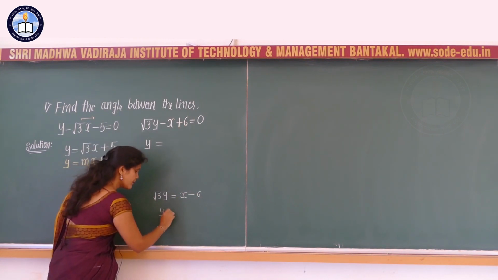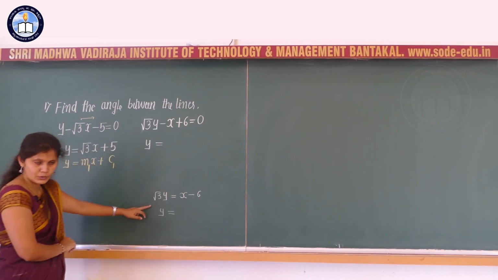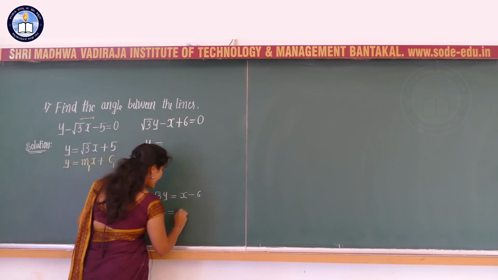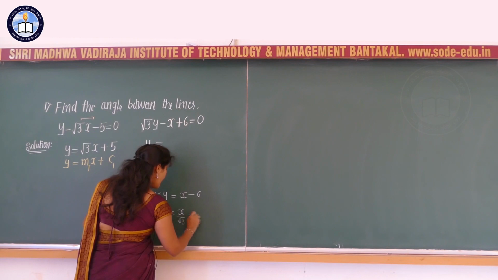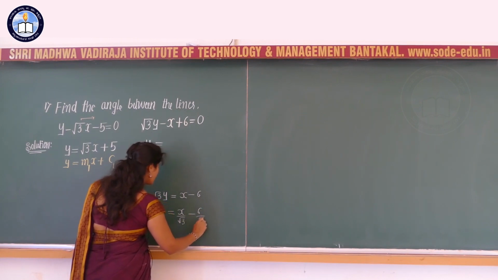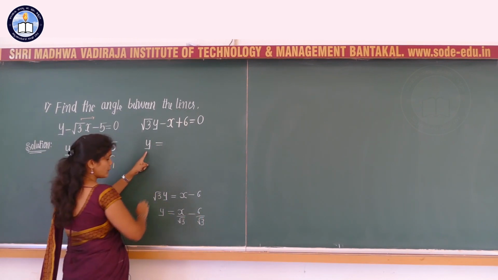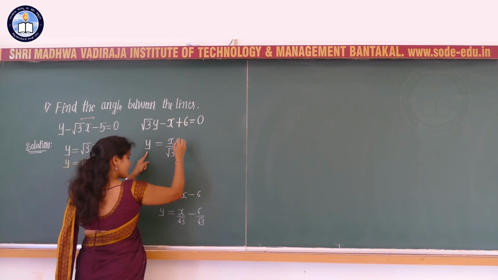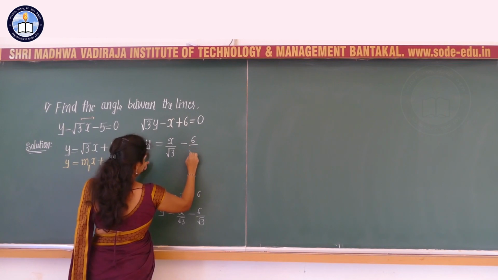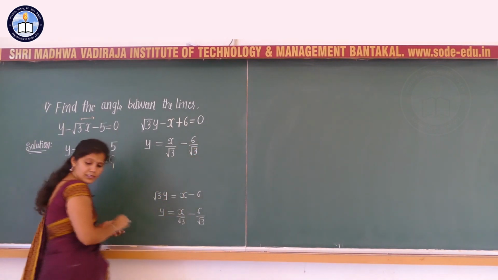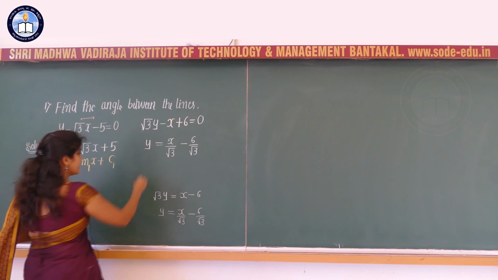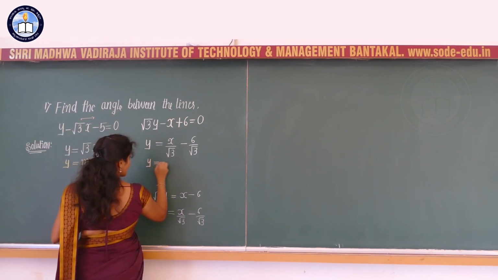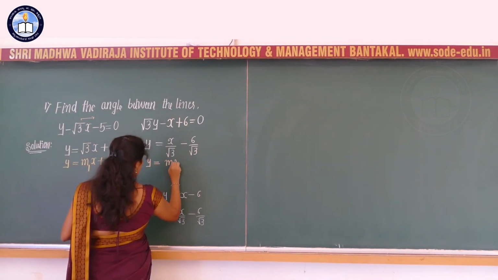To get y, dividing through the equation by root 3, y is equal to x divided by root 3 minus 6 divided by root 3, correct?